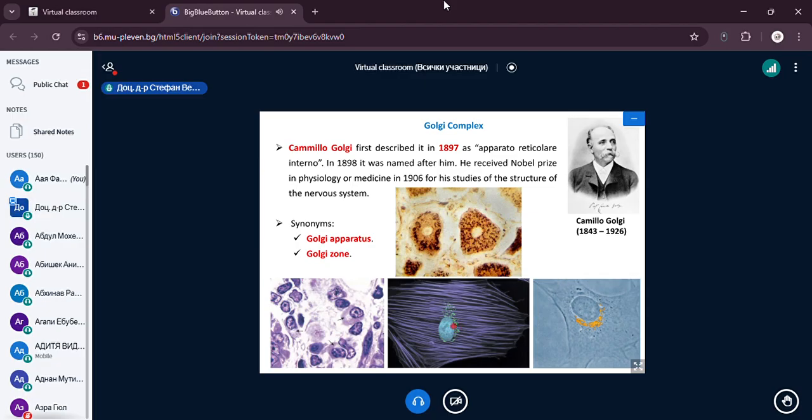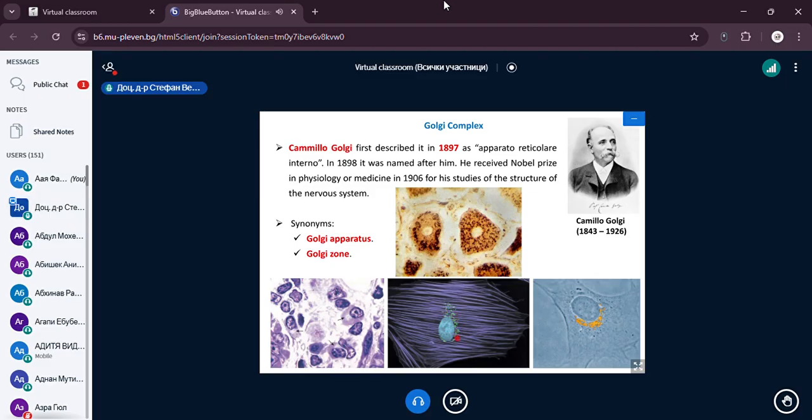So here in this fluorescently labeled cell observed under fluorescence microscope, a special substance which emits a light in the visual spectrum, specifically in the green spectrum.